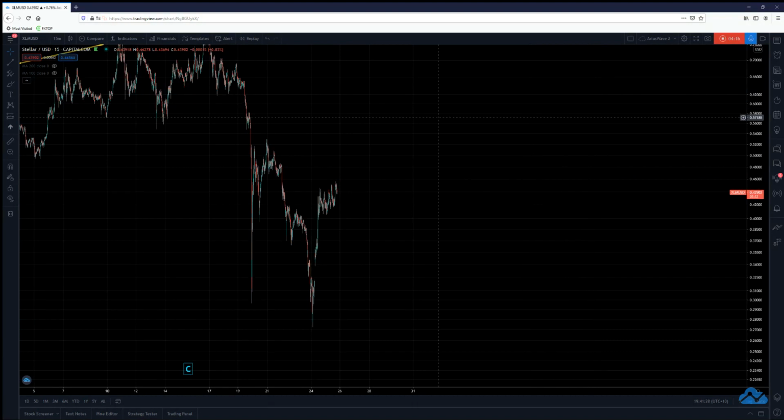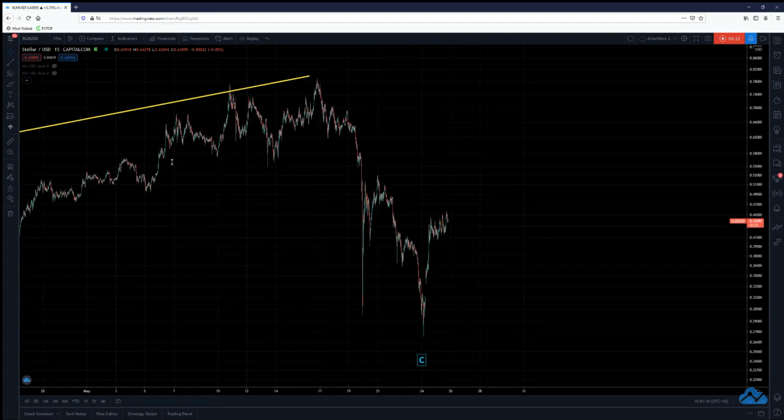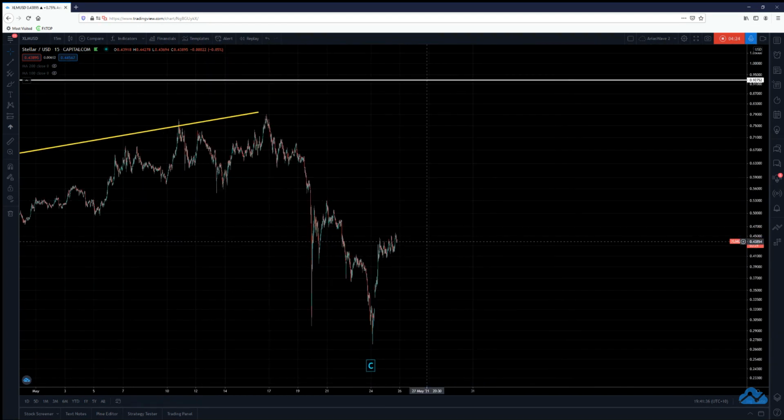Okay, so that's just a quick update on that one. Obviously, we need to see higher prices for anything else to be confirmed. I do expect to see the first wave at least hit the all-time high.